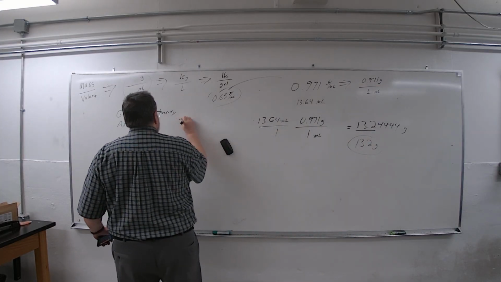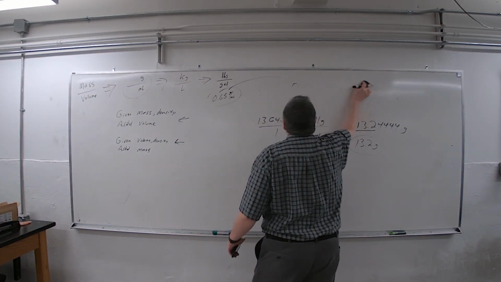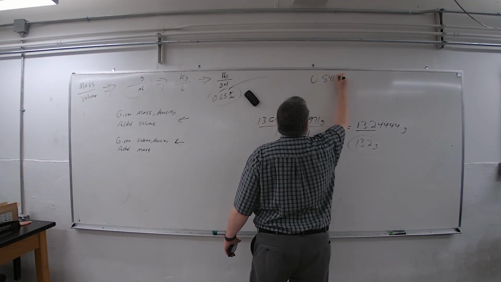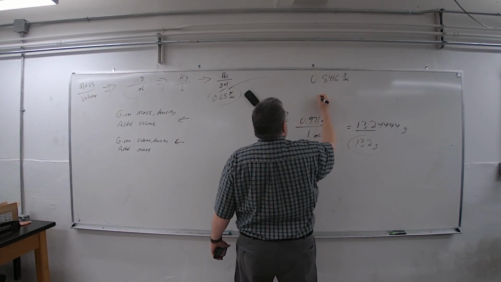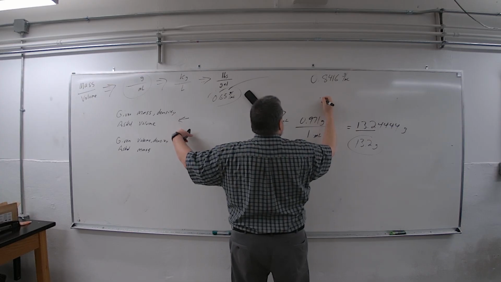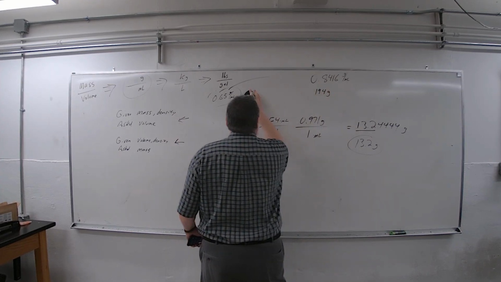Now I'll do one of these. Let's say you're given for density grams per milliliter, and then we need to do volume, and let's say we have 19.4 grams of it.